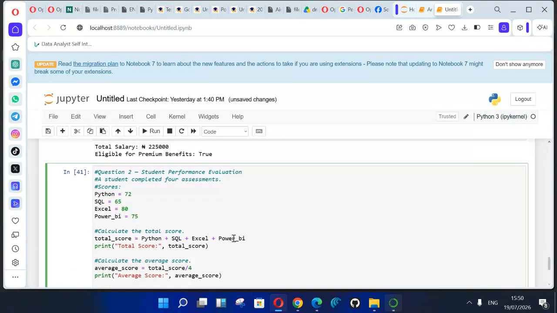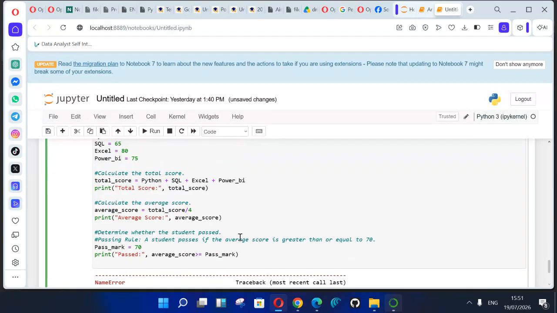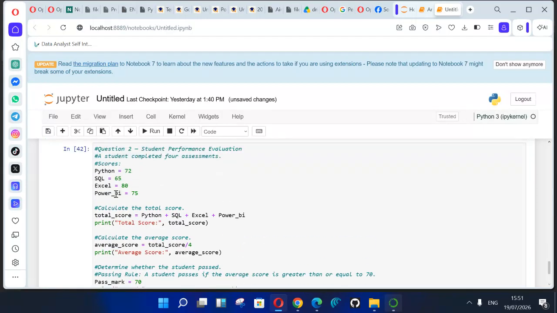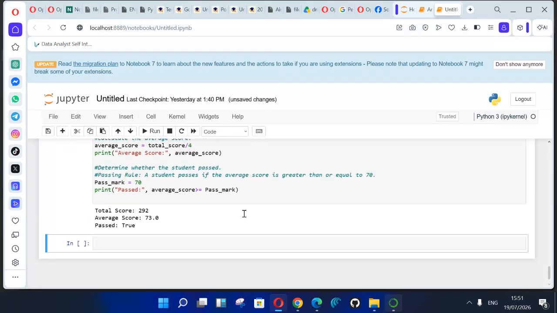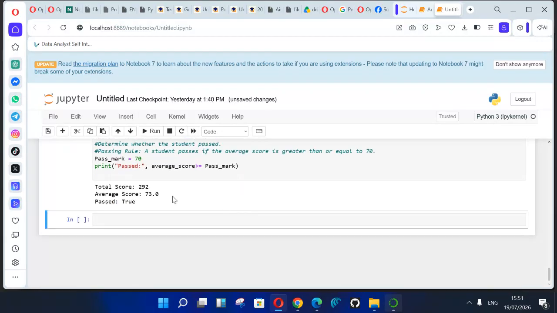I think the BI was in capital letter, both capital and small. So the Power BI here, the BI was in capital letter. So yeah, this is the answer.